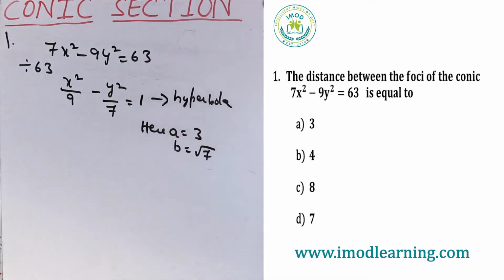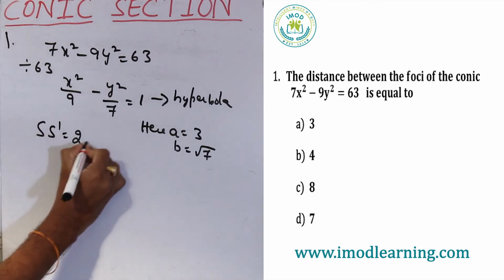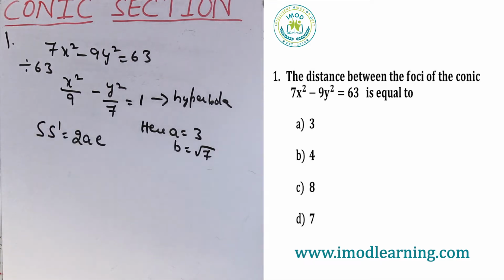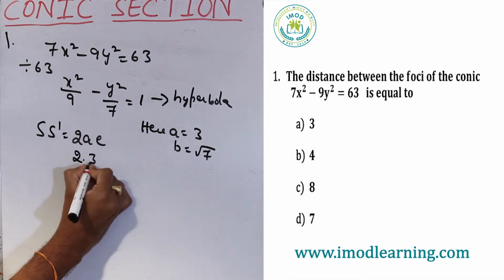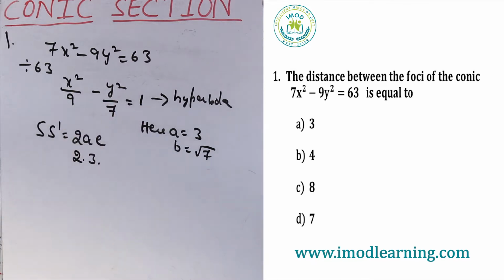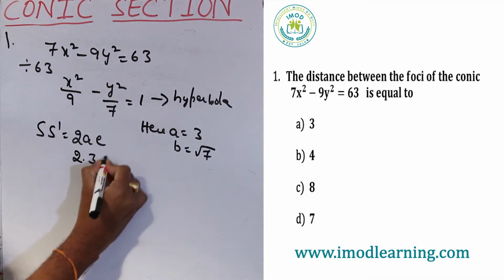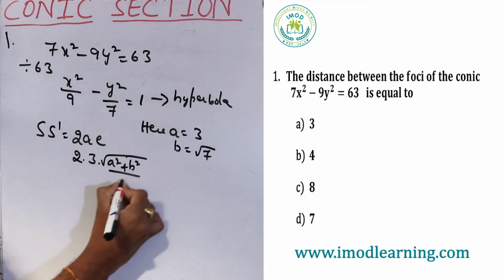The distance between the foci of the conic is given by S S dash which is equal to 2 times of AE. Here a is 3, and e, the eccentricity of the hyperbola, is given by square root of a square plus b square divided by a.